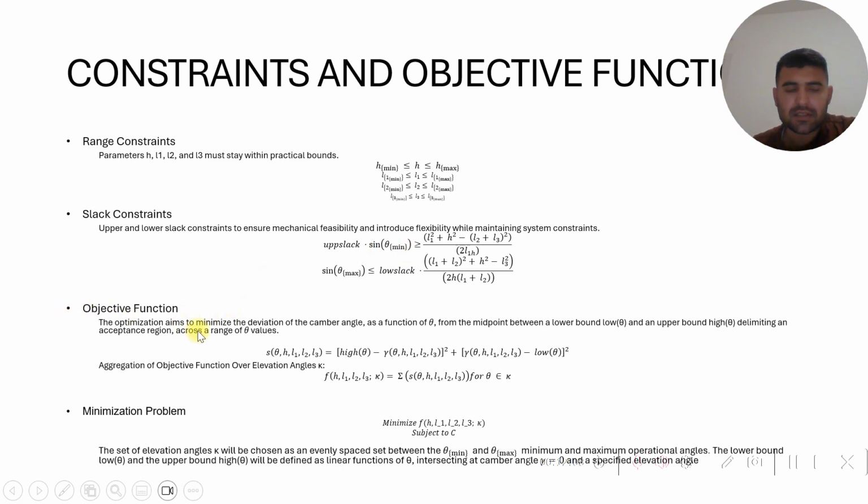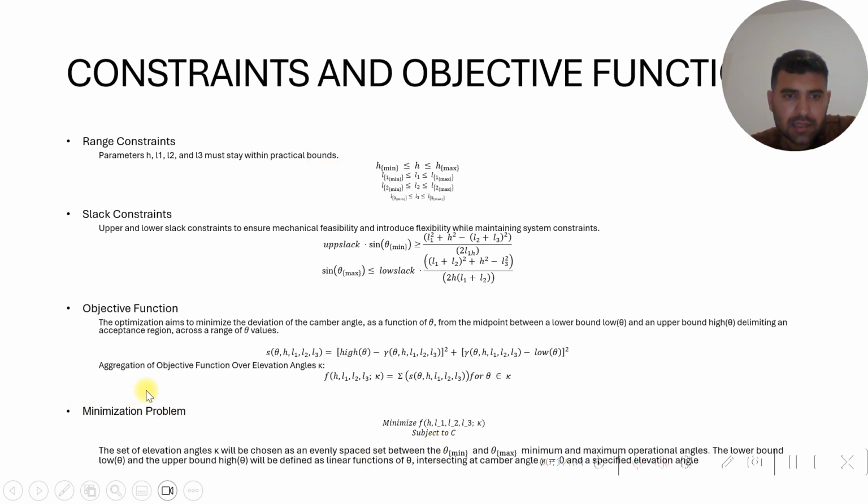Then the objective function is basically to minimize the deviation of the camber angle as a function of theta from the midpoint between a lower bound and an upper bound theta, that delimit an acceptance region across the range of theta values, which is also shown in the next slide, the visualization, so it will be easy to understand.